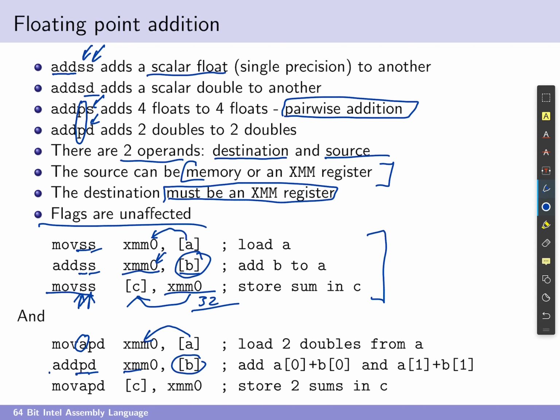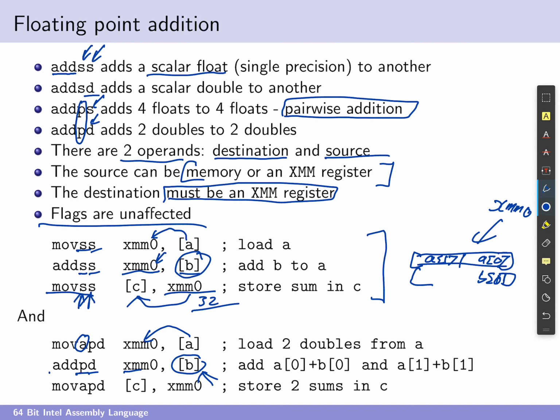So in essence, what's going to happen is we're going to look at what is in XMM0. So we have our two values. Let's call this one over here A0 and this one A1. And this register is our XMM0 register. Then if I perform the add against B, it's going to perform an addition using the first element.